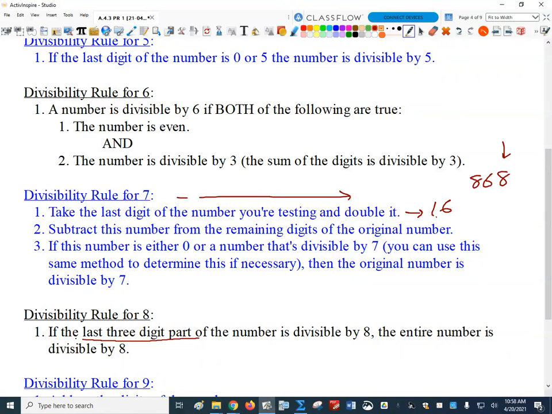That gives me 16, right? I just subtract that from the number created from all the other digits. So I'd end up with 86 minus 16, right? There's the other digits. 86 minus 16 is 70. If your answer is either 0 or it's a number divisible by 7, then the whole big number is divisible by 7. That's crazy. It's just weird, but it works every time.